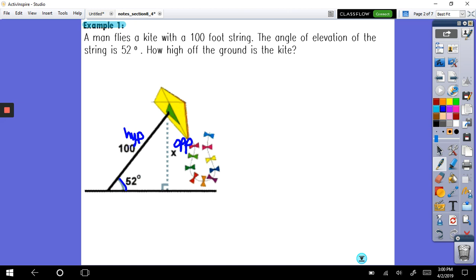Might need to write down our acronym if we haven't memorized it yet to speed us up. What's our TOA? Okay, so write this down on every page of your notes as you go through today if you haven't memorized it yet to help you quickly determine which trig function you need. Well, opposite and hypotenuse is sine. So the sine of 52 degrees equals x over 100.